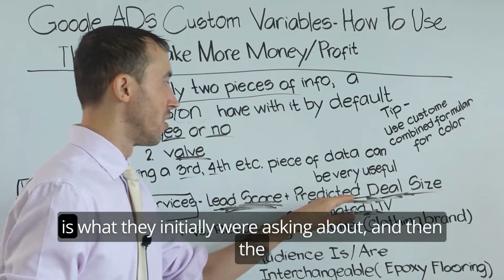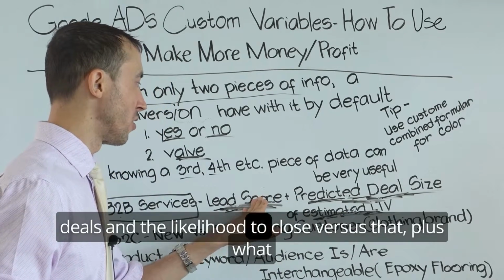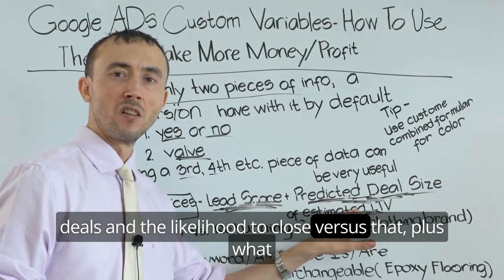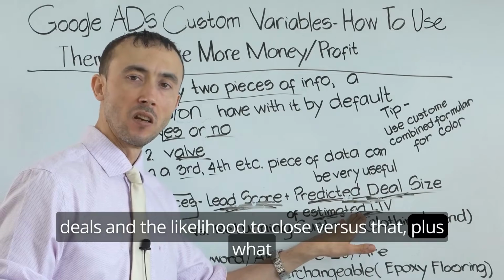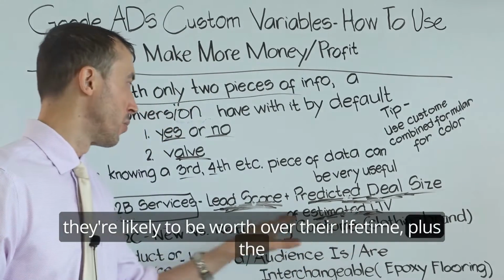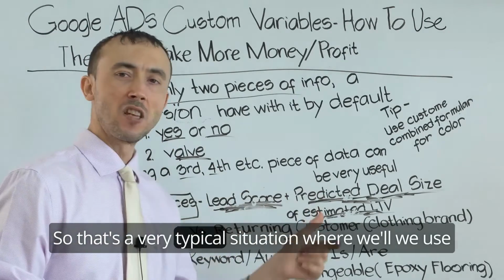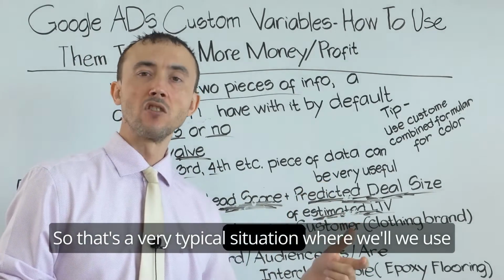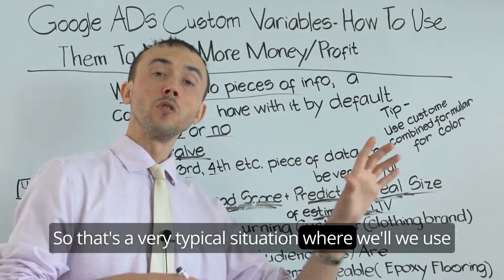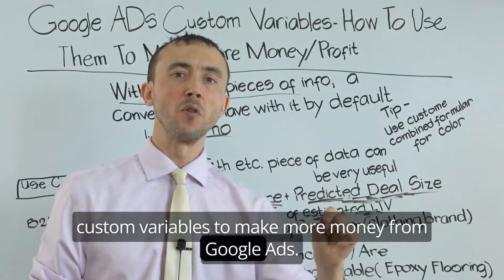That is what they initially were asking about, the deals and the likelihood to close, versus that plus what they're likely to be worth over their lifetime plus the likelihood to close. You get what? So that's a very typical situation where we'll use custom variables to make more money from Google Ads.